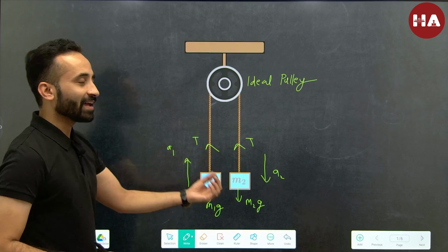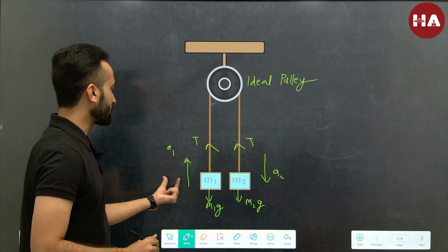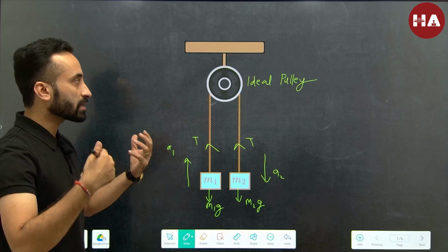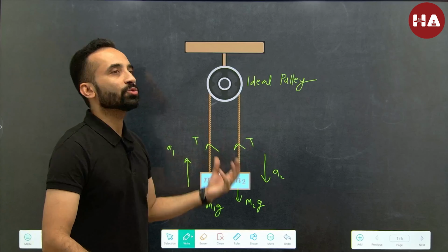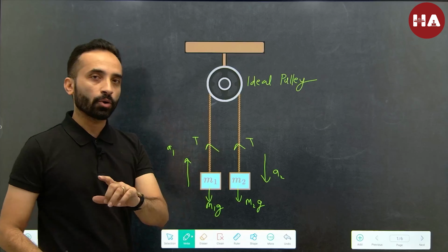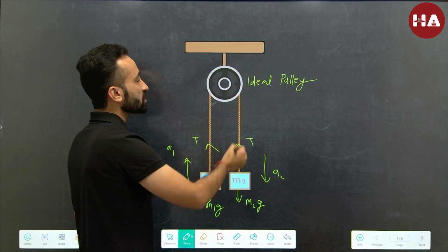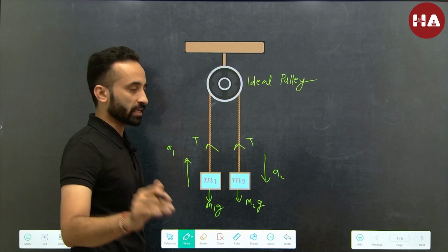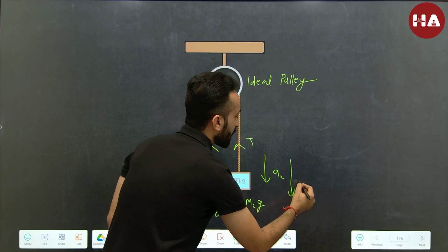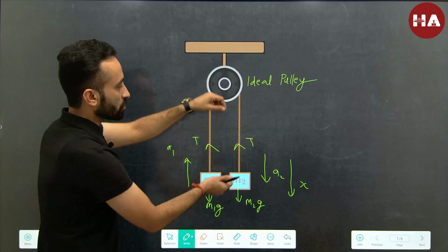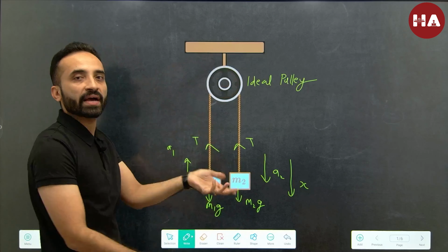Now if you see, I have written accelerations a1 and a2, but you can clearly imagine that these two need to be equal. Now why do you say so? That is because the length of the string cannot change. So if this side, let's say, descends by a distance x, the length of the string increases by x.